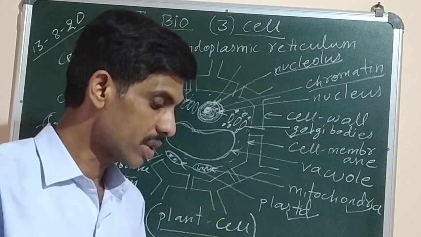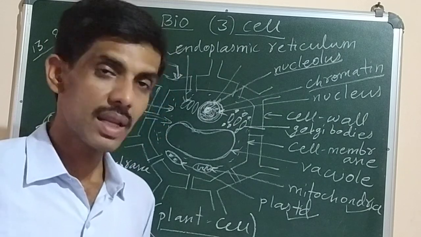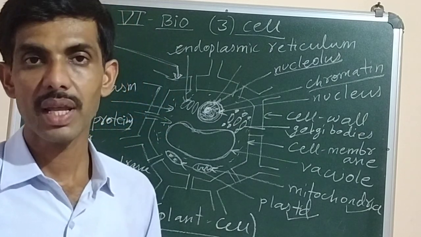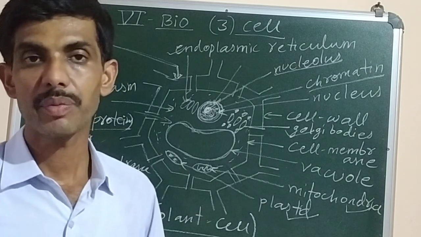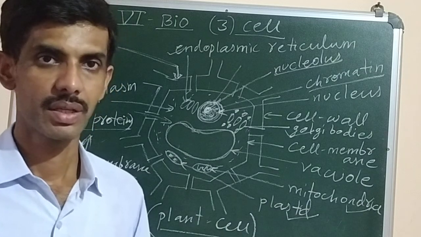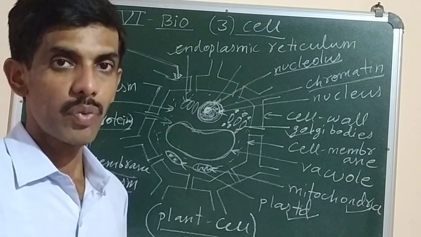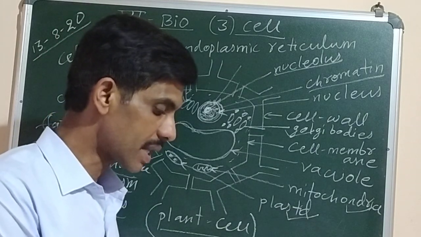We had studied about the number and size of cells, like the smallest cell in our body. Then we studied that the largest cell in animals is that of the egg of an ostrich. Okay. And the smallest cell, we have studied, is the RBC or the red blood cells.